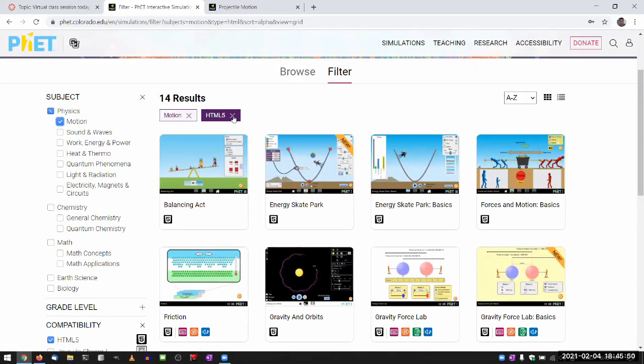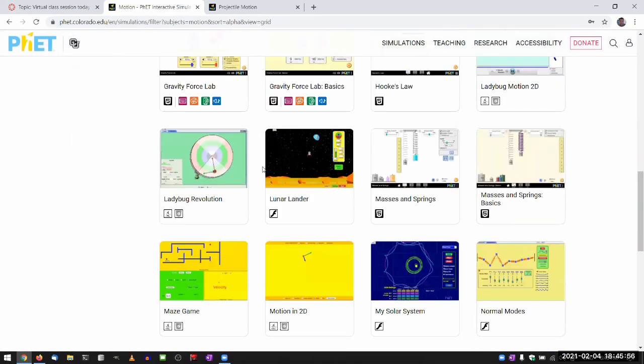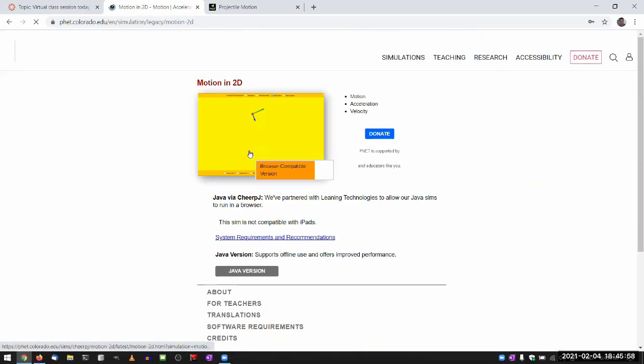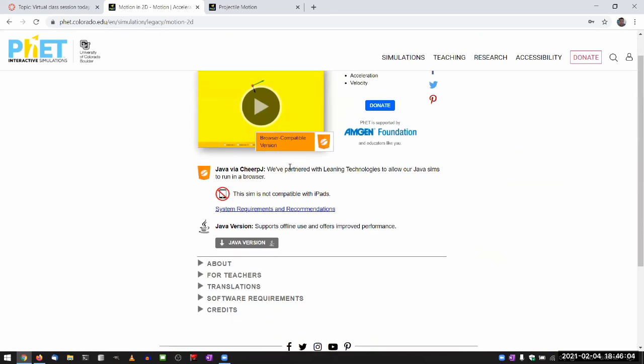Sometimes it doesn't work. But as long as you are aware of those limitations, you can turn off that filter to see all the simulations that PhET has had for decades, and that's been great for many different things.